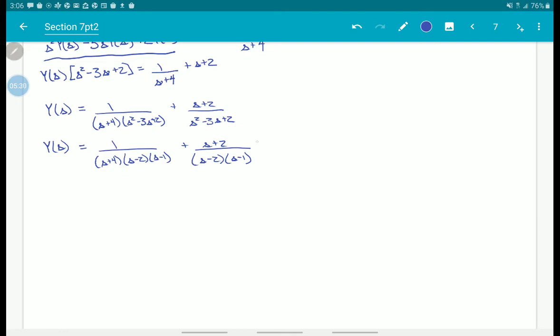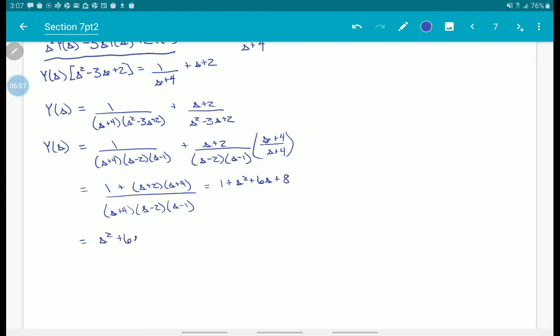Let's get a common denominator so we only have to do partial fractions once. Let's get an s plus 4 over s plus 4, multiplying that second fraction by what the denominator is missing. I'm going to work with that numerator. That's going to be s squared plus 6s plus 8, which is s squared plus 6s plus 9 over the denominator.